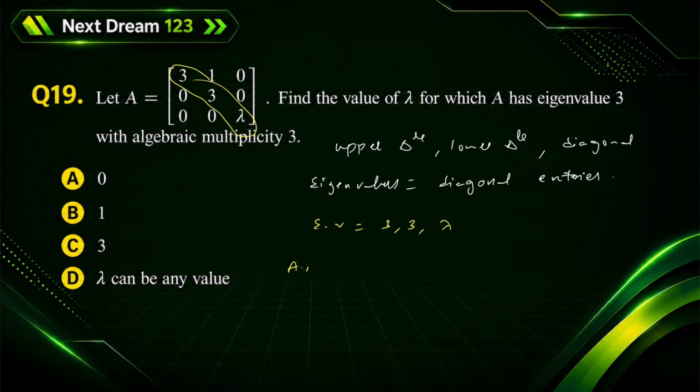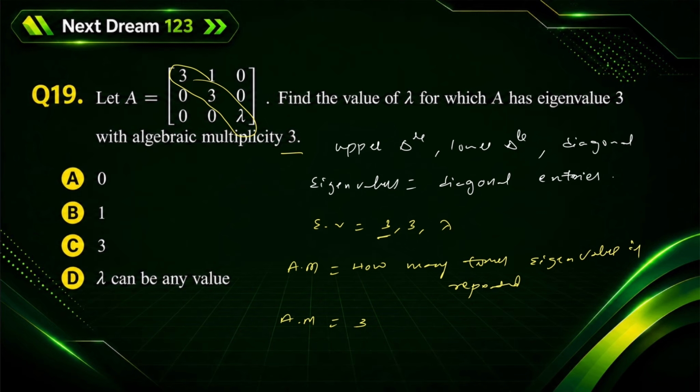What is algebraic multiplicity? Algebraic multiplicity is nothing but how many times an eigenvalue is repeated. They gave in the question that the algebraic multiplicity of 3 is 3.